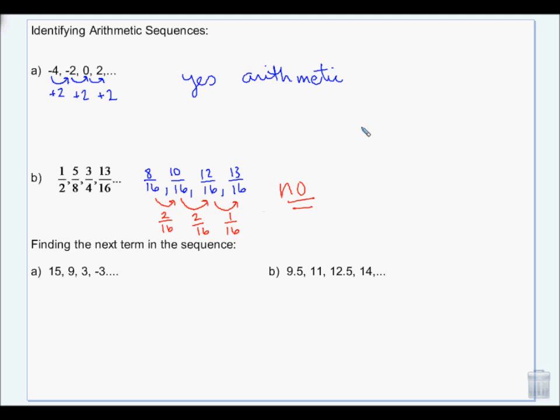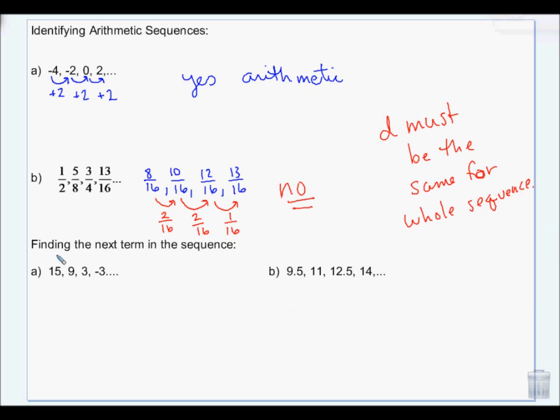Okay, so if you recall, these are D, right? So the D has to be the same every single time.